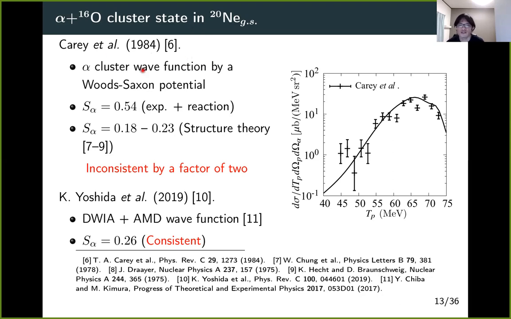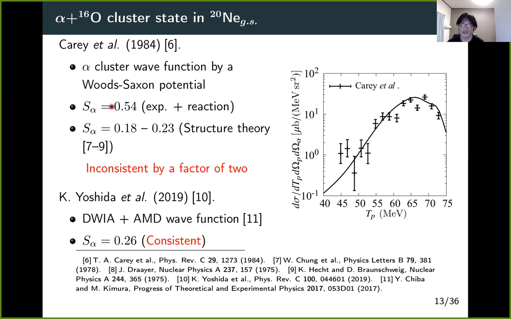Actually, in 1984 they already analyzed their cross-section data with the DWIA framework. But there was a problem: they used a simple Woods-Saxon potential to make the alpha cluster wave functions. It's just a Woods-Saxon binding problem between the alpha and oxygen 16.